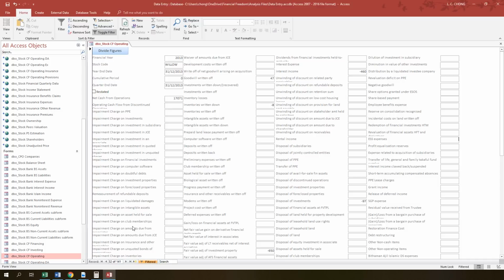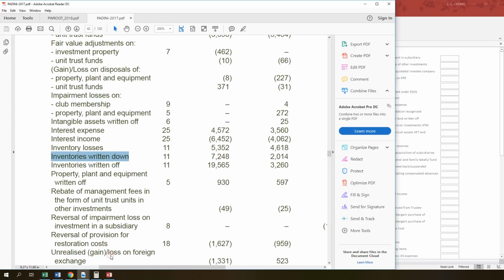Yeah, you see? Alright. Inventories written down is a non-cash, so it's supposed to be adjusted in operating cash flow because it is related to operational item on the balance sheet.